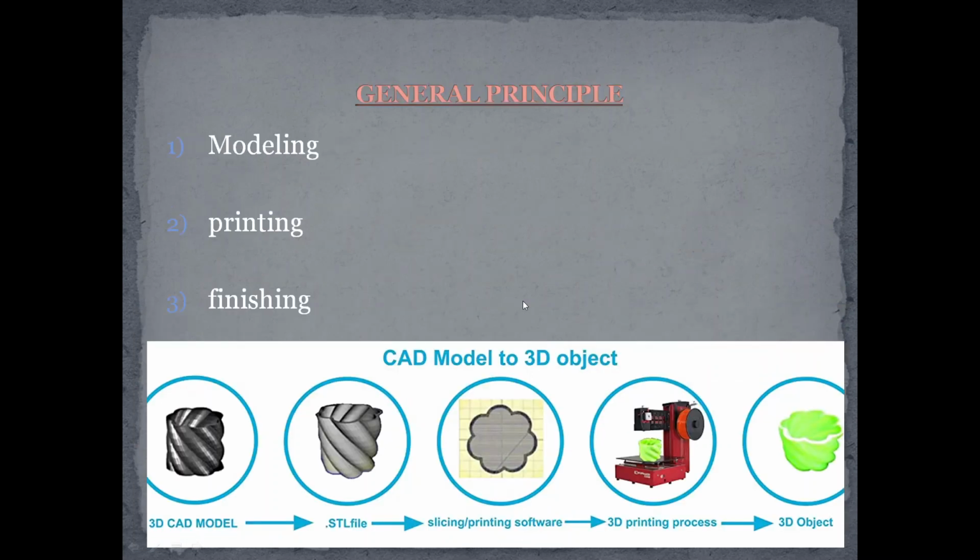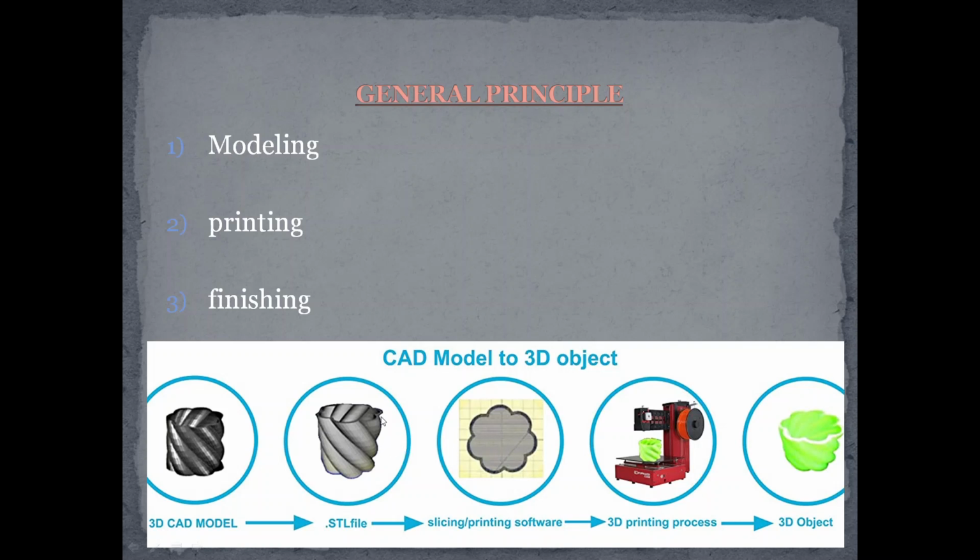Now I will discuss the general principle. My first general principle is modeling, the second is printing, and the third is finishing. You can see here all 5 steps of how to convert a CAD model to a 3D object. This is the 3D CAD model, and this is the STL file, and this is slicing.